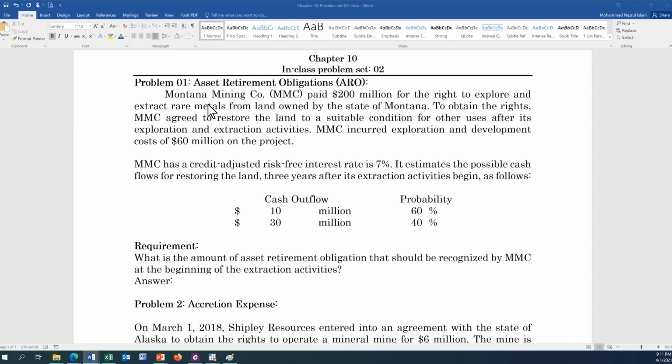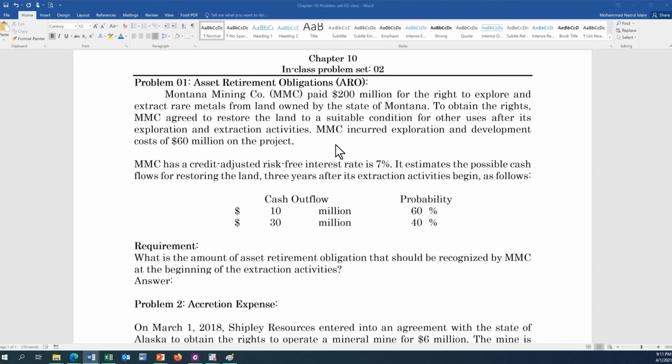The first one: Montana Mining Corporation, MMC, paid $200 million for the right to explore and extract rare metals from land owned by the state of Montana. To obtain the rights, MMC agreed to restore the land to a suitable condition for other uses after its exploration and extraction activities.